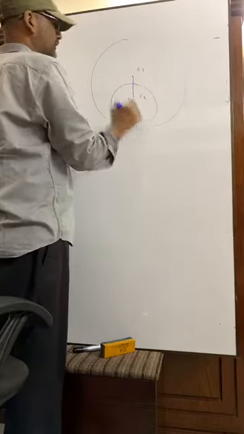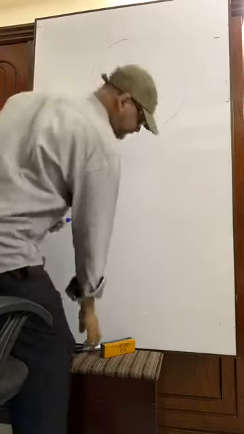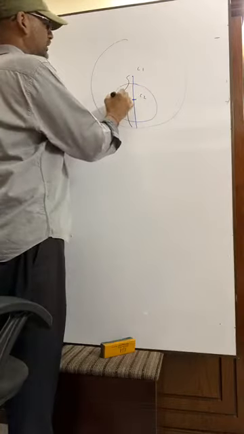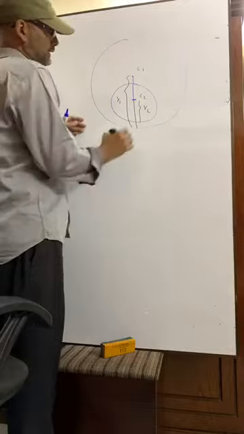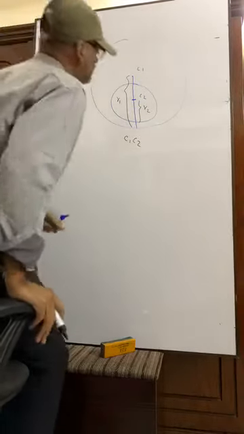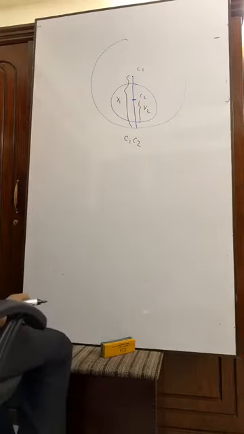Suppose like this. This is the radius 1. This is the radius 2. Now just let me know the condition for C1, C2. What will be the condition?